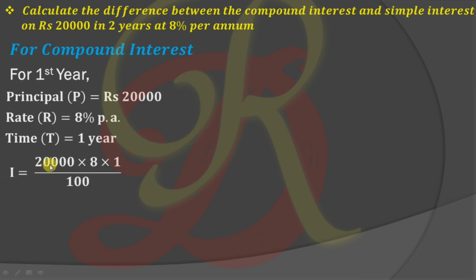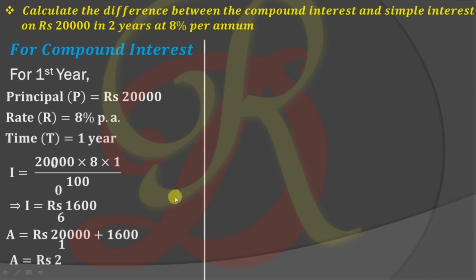I is equals to 20,000 into 8 into 1 divided by 100. 2 zeros get cancelled. 200 into 8 is equals to 1,600. Amount is equals to 20,000 plus 1,600 is equals to 21,600.